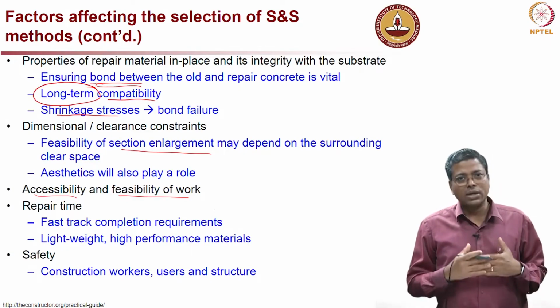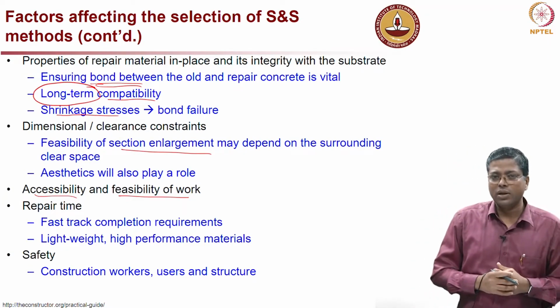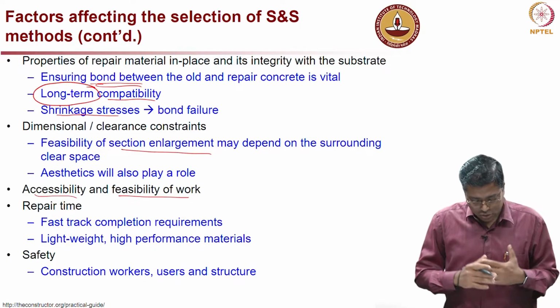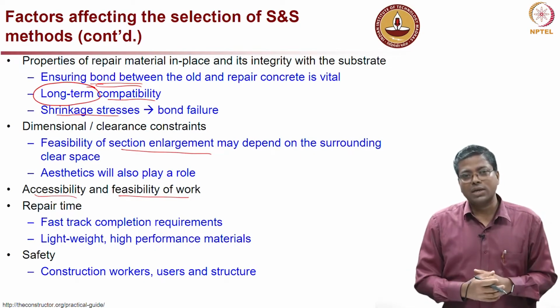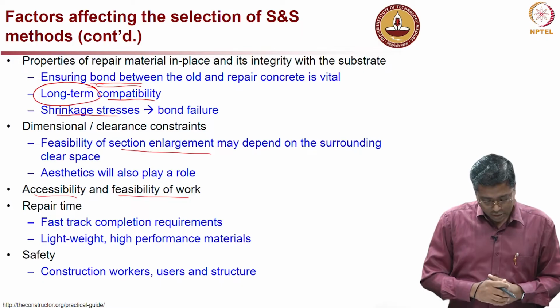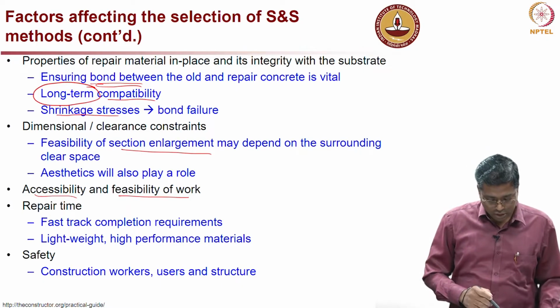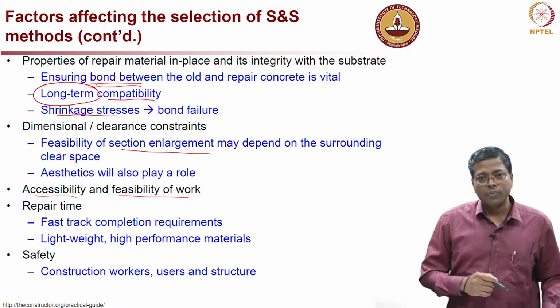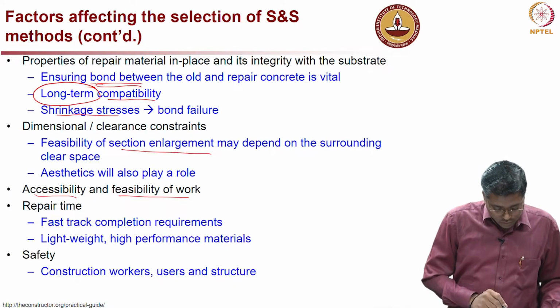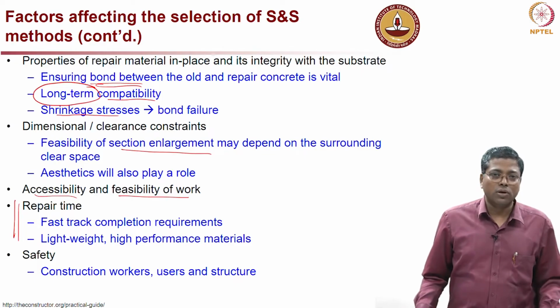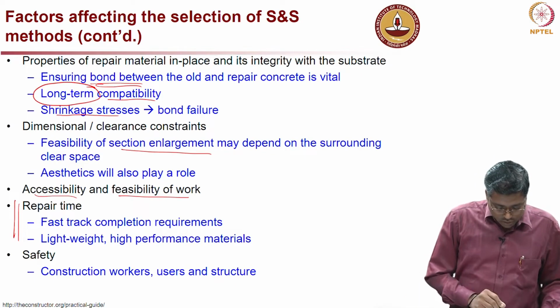So, accessibility and feasibility are very, very important to think through before deciding the type of repair work, before deciding the technique to be used or strengthening technique, and also the time taken for the repair work or the strengthening work, that is also very important.